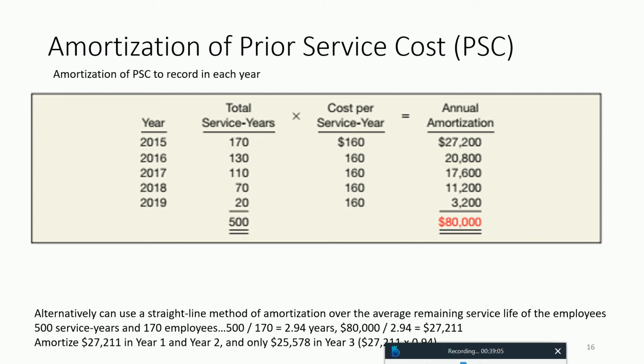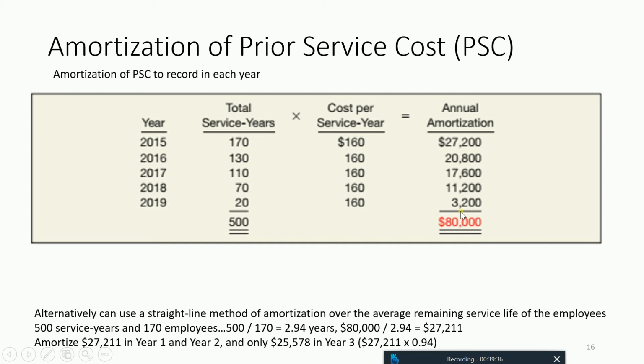If you take that $80,000 then and divide it by 2.94, you get $27,211 per year. So the second method would be to amortize $27,211 in years 1 and 2, and only $25,578 in year 3.